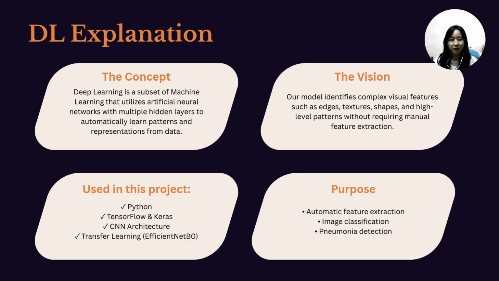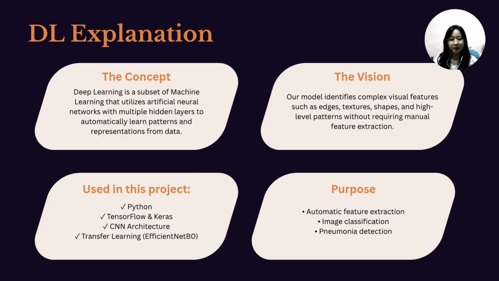In our project, we use Python together with TensorFlow and Keras to develop a CNN model based on EfficientNet B0. The advantage of deep learning is that it can automatically extract important image features without requiring manual feature engineering. This allows the model to classify chest X-ray images into normal and pneumonia categories.